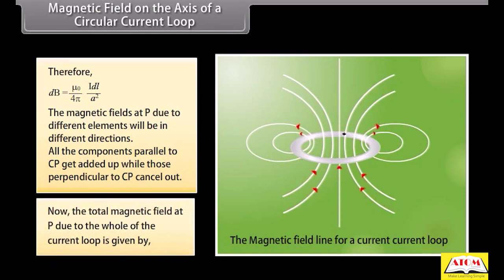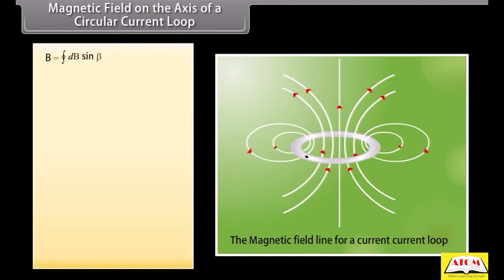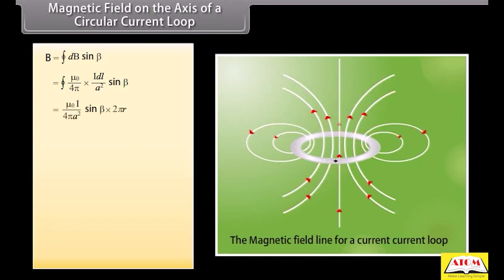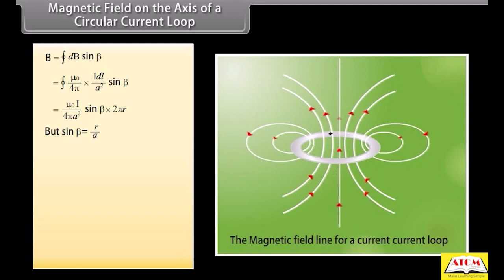Now the total magnetic field at P due to the whole of the current loop is given by the closed integral of dB sine beta. By putting the values in this equation, we get the total magnetic field at P equal to mu naught I upon 4 pi a square multiplied by sine beta and 2 pi r. But sine beta is equal to r upon a.